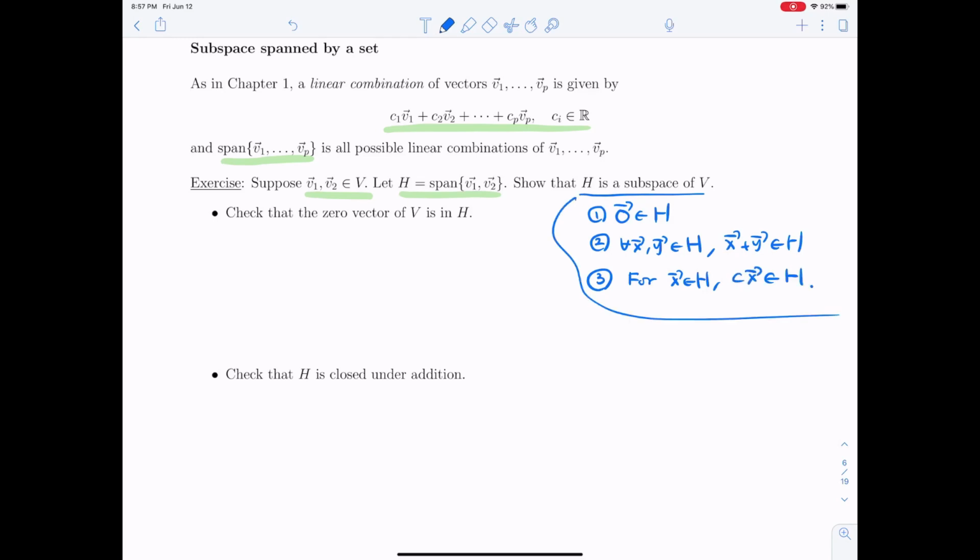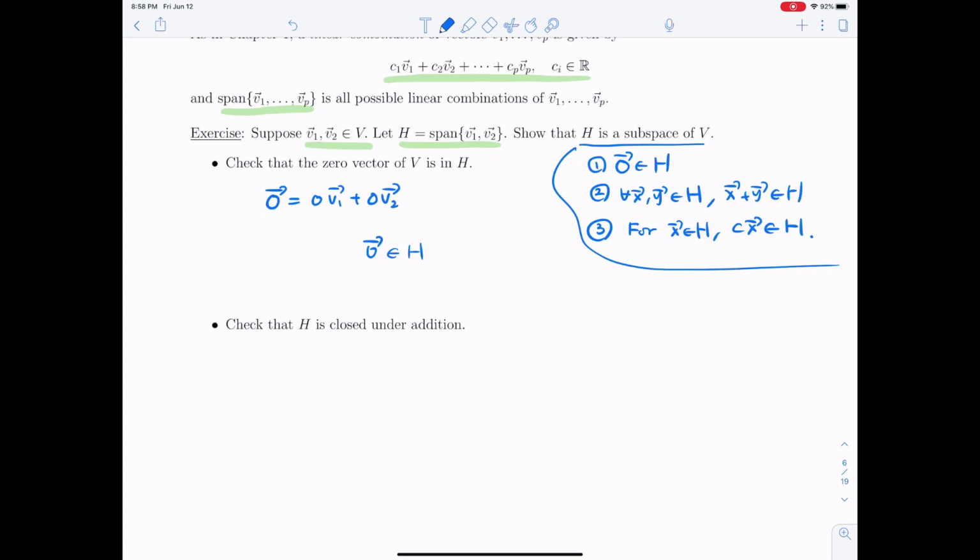Okay, so first of all, the zero vector is indeed inside H, and this is because we can write 0 as 0 times v1 plus 0 times v2, which means 0 is a linear combination of v1 and v2. So this tells you 0 sits inside the span of v1 and v2.